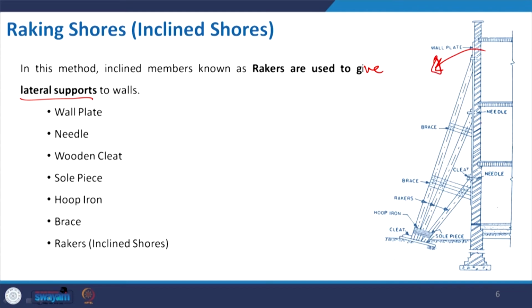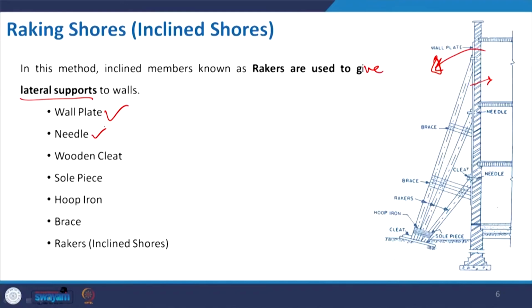So, what are the other things required to make this kind of arrangement? First of all we need a wall plate, and if you see carefully in this drawing, after this wall you have some wall plate. It may be made of steel or wood, depending on the severity of the structure, height of the structure, and availability of resources.